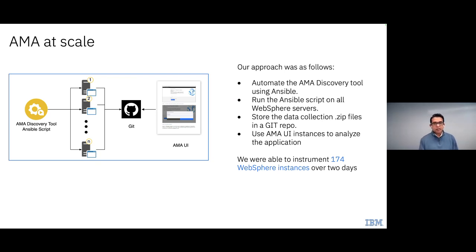It created the data collection, which I'll show you in some time, as a zip file and put it in a Git repo. Then every application squad could use that Git repo to analyze their application. This is the automation which will help you scale these modernization accelerators across your organization.